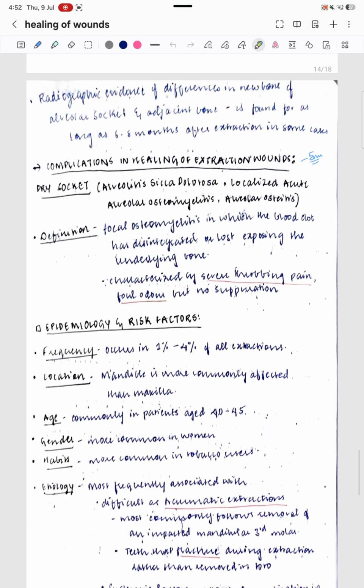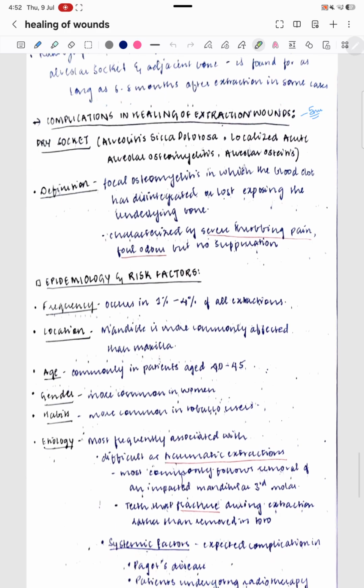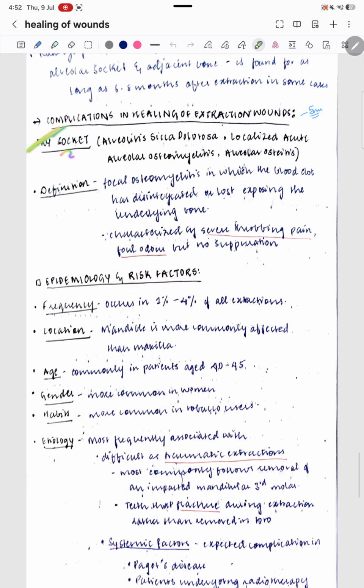Now coming to the complications, this is very important and has been asked a lot of times in the dental papers. So first is your dry socket. They do not ask only as dry socket individually. They might ask as alveolitis sicca dolorosa, localized acute alveolar osteomyelitis, and alveolar osteitis.